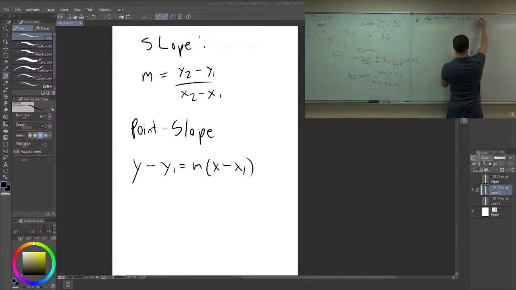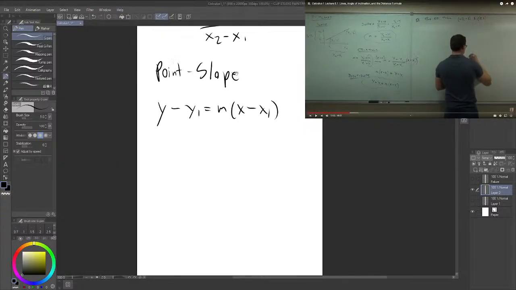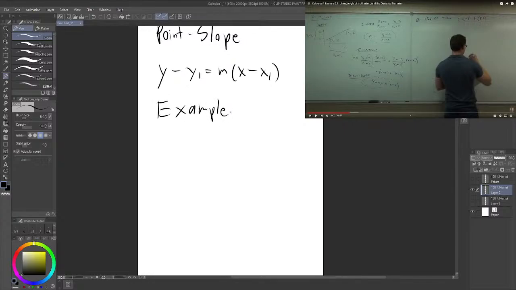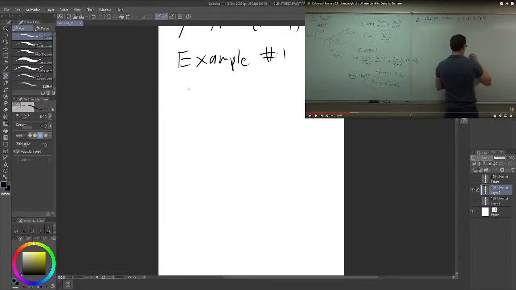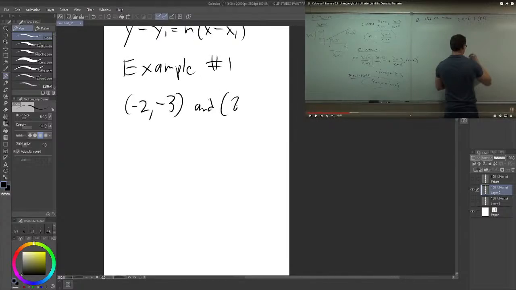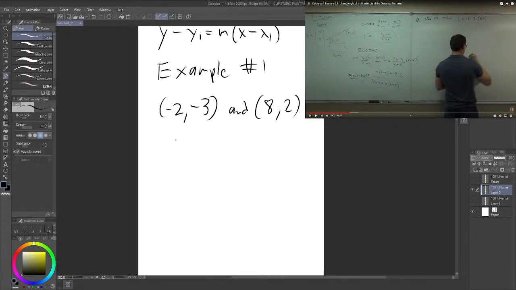Find the equation through these 2 points. Oh, easy, dude. I'll do that right now. So -2, -3, and -2. Okay.